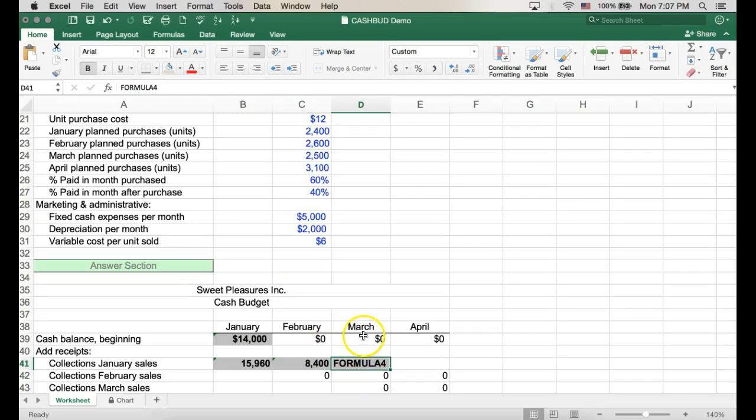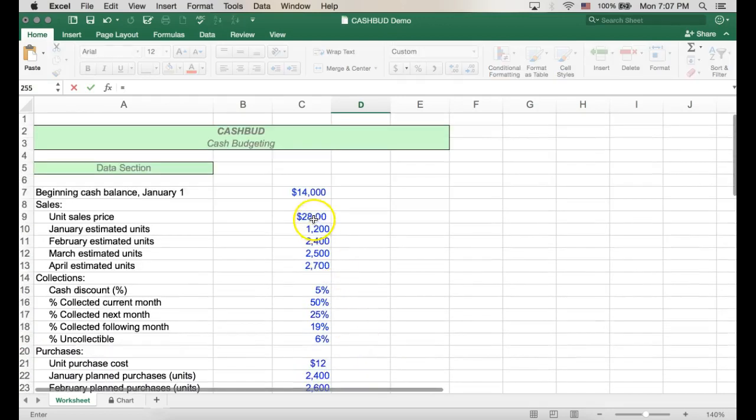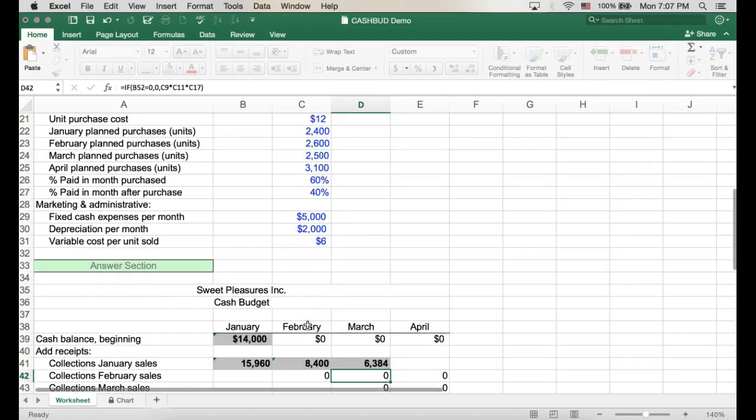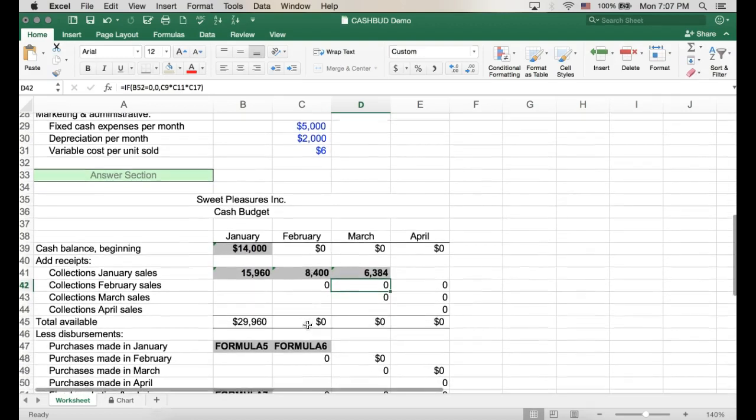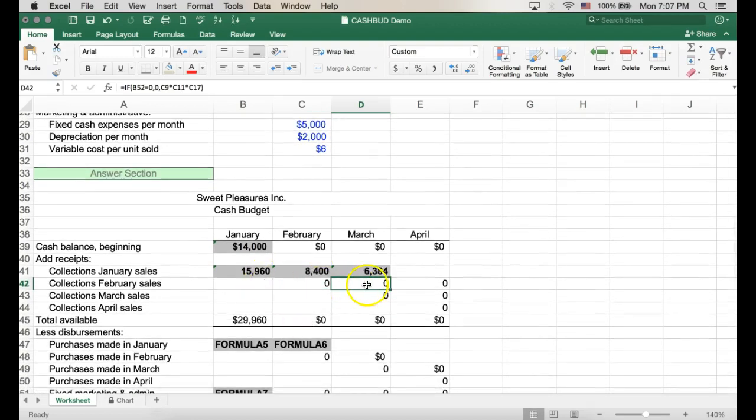Formula 4 is for March, so we do the same equals $28 times January estimated sales times the following month, which is 19%. And we're done for the collections in January sales. Notice these amounts will auto populate once we finish all the formulas.